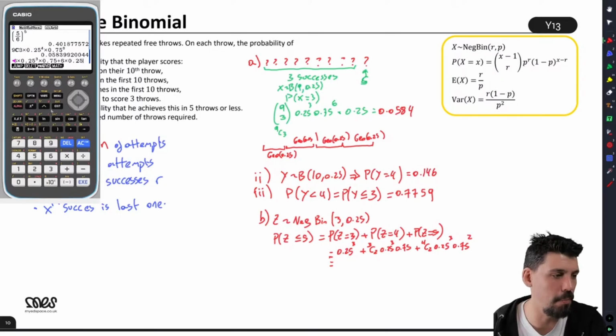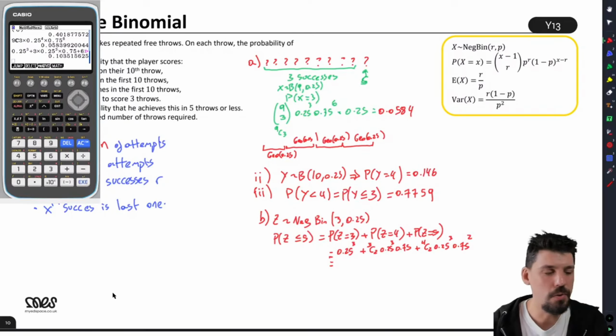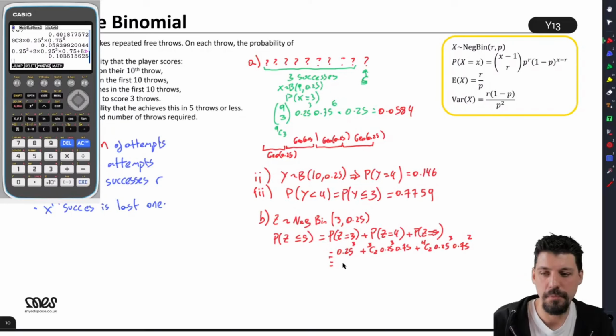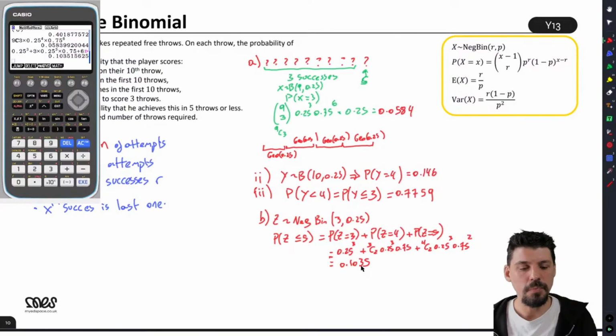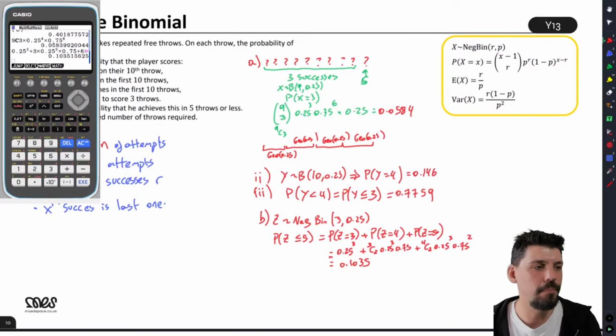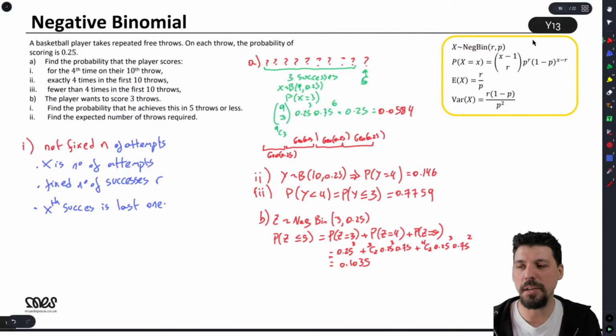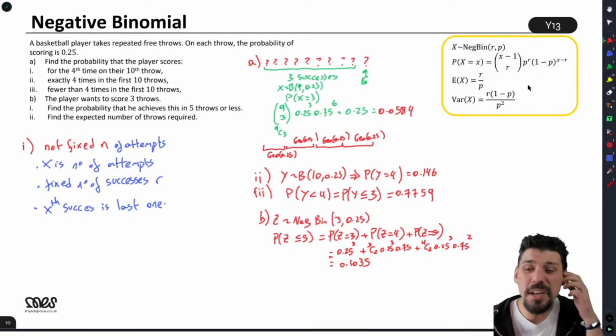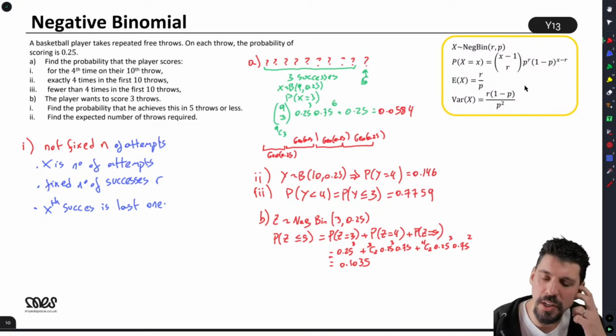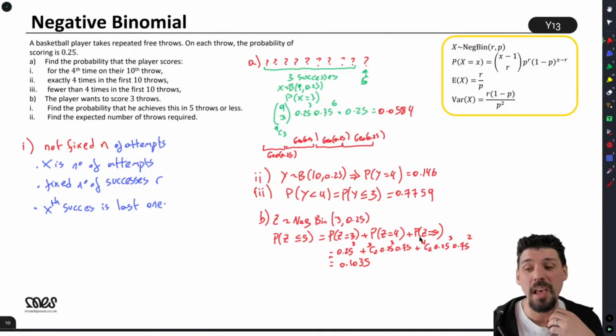But if you do a lot of probability, a few of these you end up knowing. I make this 0.1035. And this is what I mean: these formulae for the negative binomial are all well and good, but really, if you just think about what's going on in a case-by-case situation, you can just vibe it out, you can figure it out.